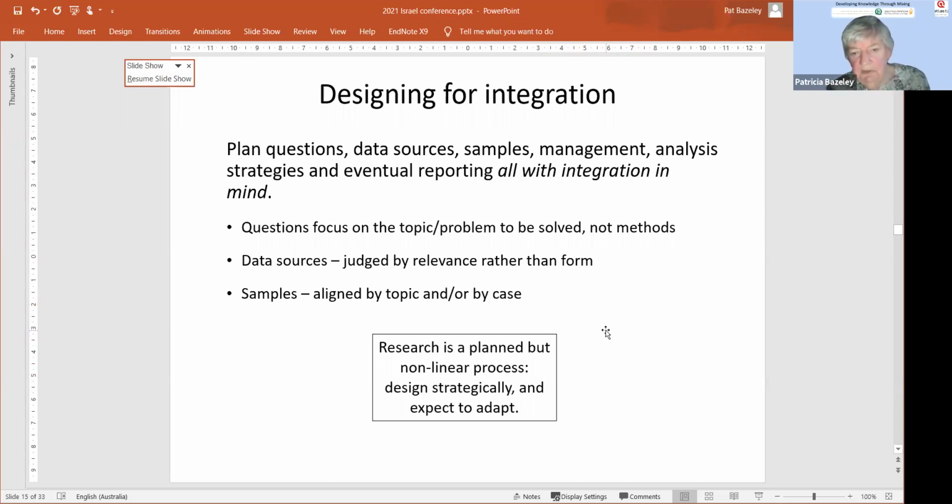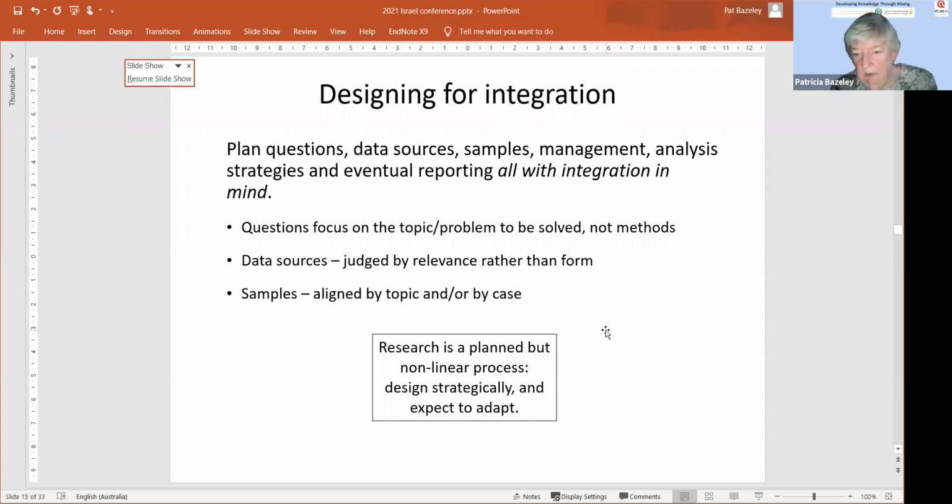Essentially, you plan a research project, but it's not linear. You design, but expect to adapt. My experience is, I should say, that research projects rarely follow exactly from the initial expectations.